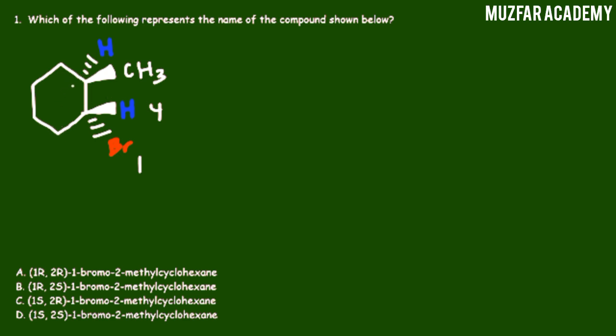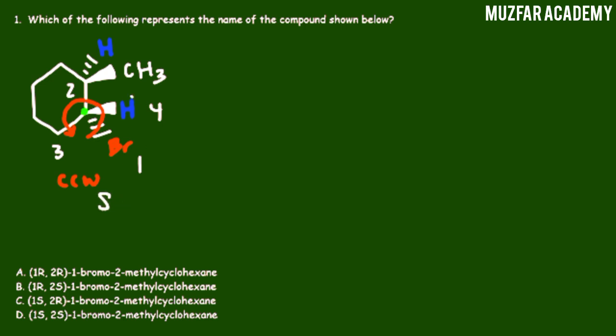So the tertiary carbon is going to be group number 2. The secondary carbon will be group number 3. And of course, H is number 4. So around the chiral center, we're going to go from 1, 2 to 3. And notice we're going in the counterclockwise direction. So that gives us the S configuration.